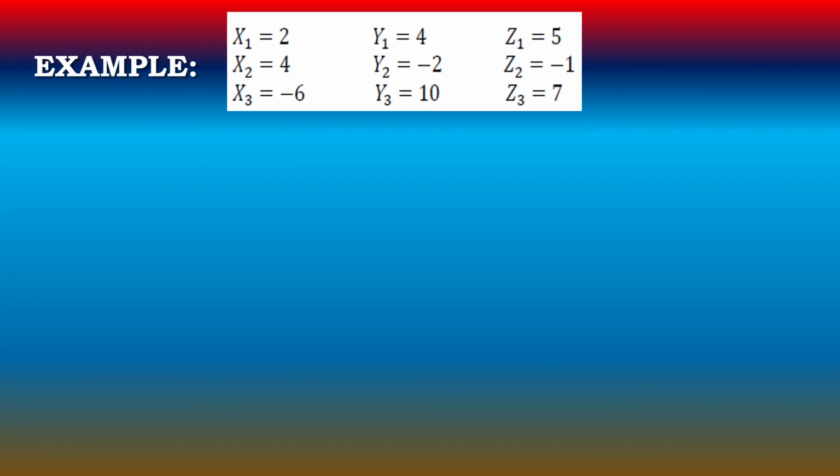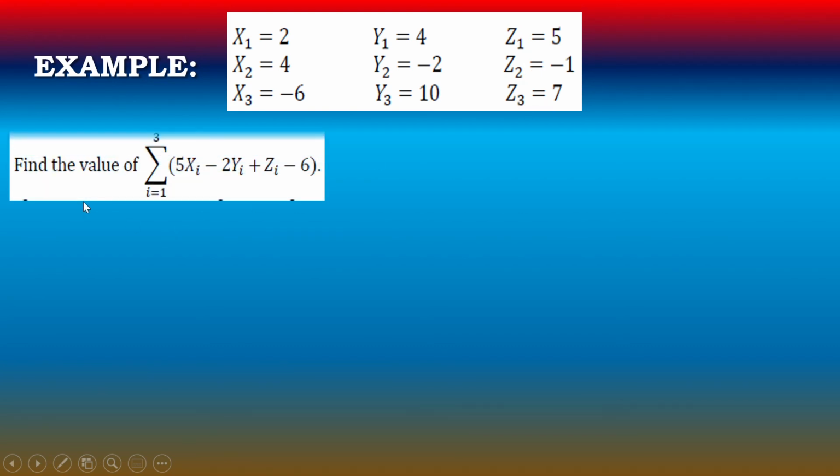For the given variables, x sub 1 to x sub 3, y sub 1 to y sub 3, and then z sub 1 to z sub 3. Ayan. So, find the value. So, based on the theorem 1, pwede daw natin muna silang ihiwa-hiwalay. So, kunin muna natin yung summation ng first term, and then summation ng second term, third term, and fourth term.